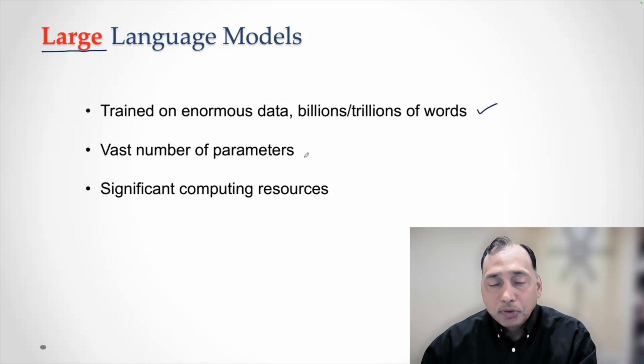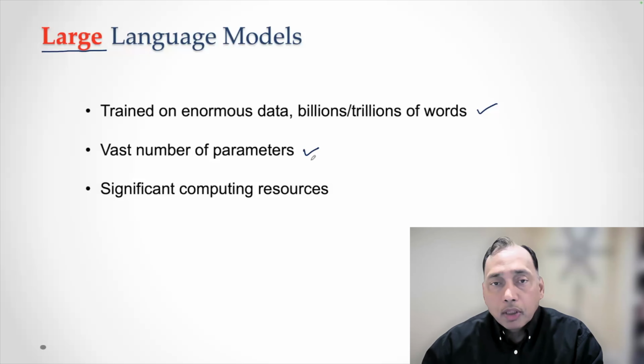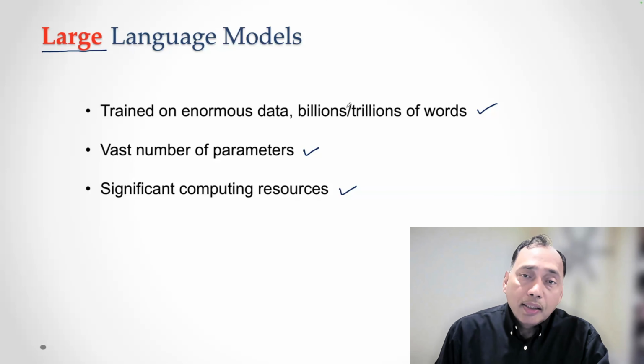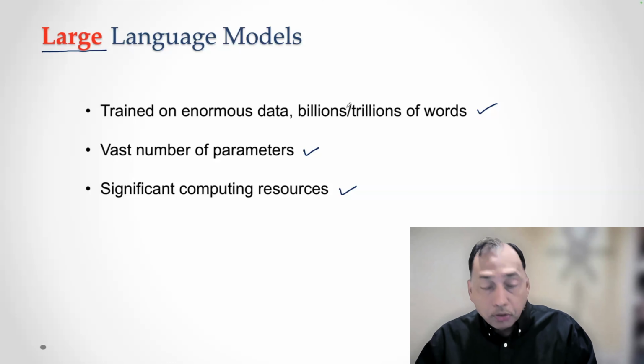Earlier I talked about how they use neural networks, and these neural networks have a lot of neurons, and parameters are related to them. They also require significant computing resources. When you have so much data, it is not possible to run these models on any simple laptop. You really need very powerful computing resources.